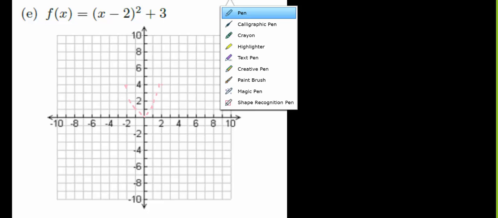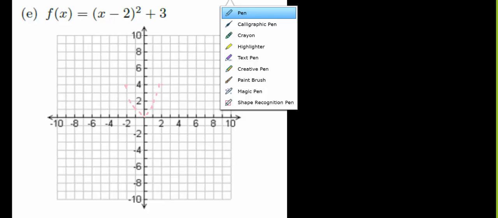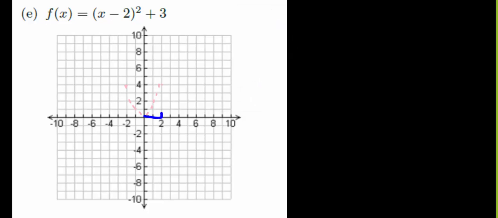So I think of the vertex. I'm going to the right 2 and down 3. There it is. That's where I want to make my vertex now. Oh, it's up 3. It's up 3, isn't it? Ah, man, thank you. So I go over 2 and up 3. There it is.